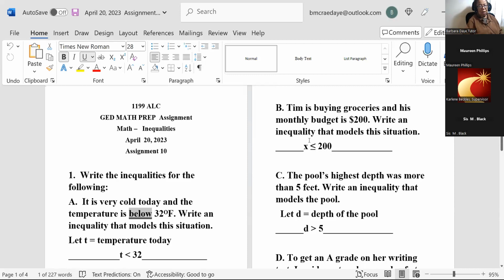Maureen, you want to explain why it's less than or equal? Because you can't go over the 200.